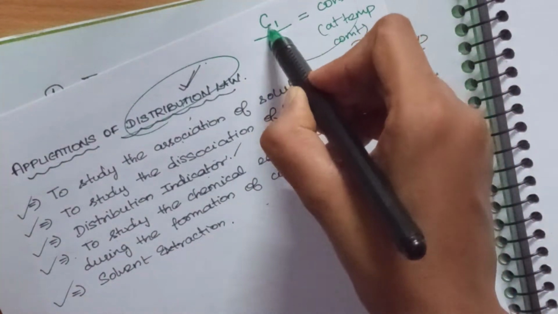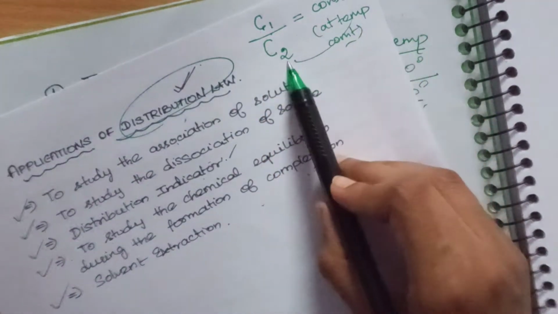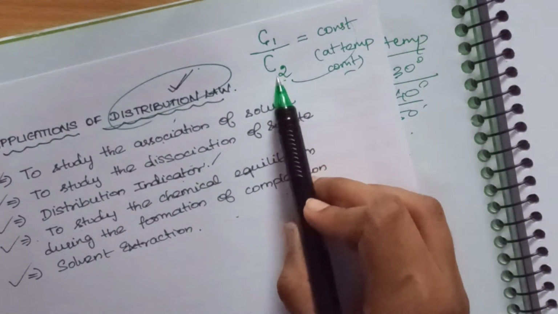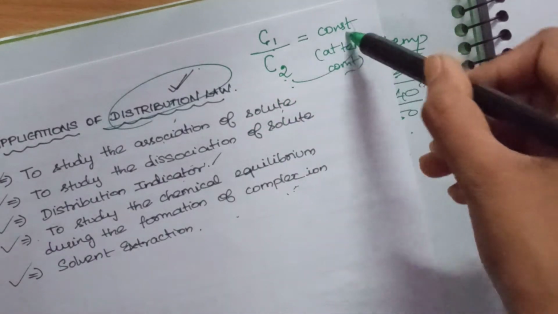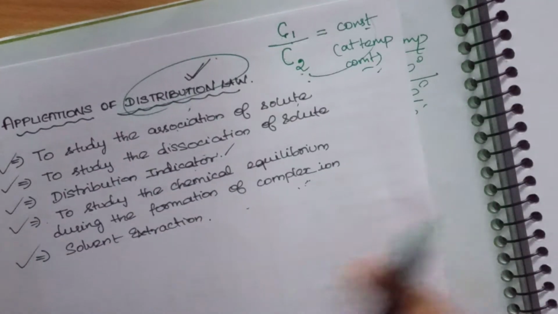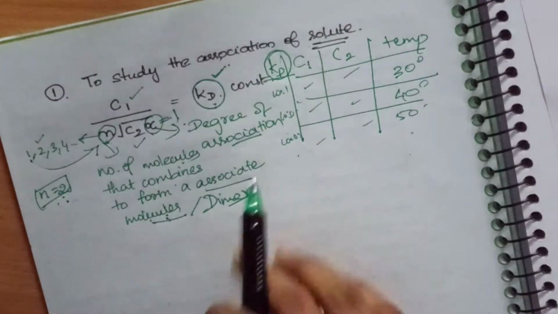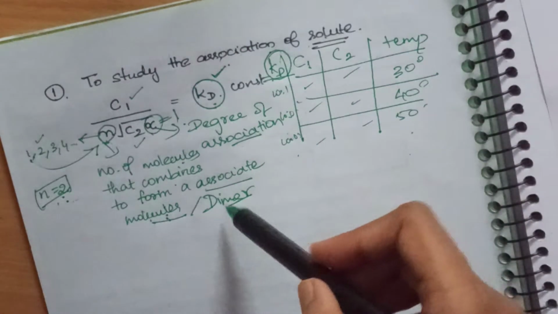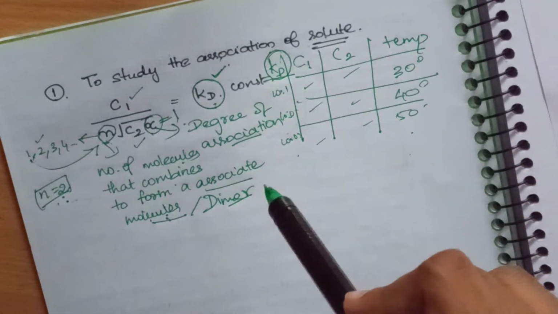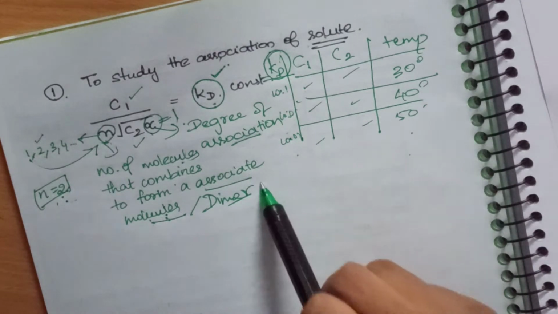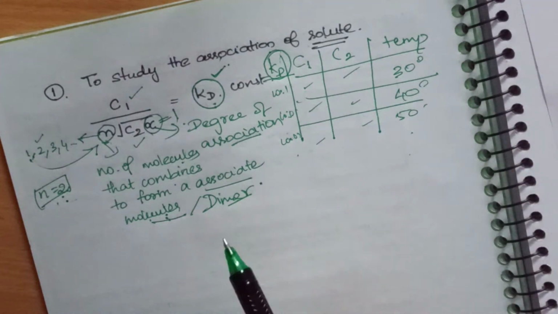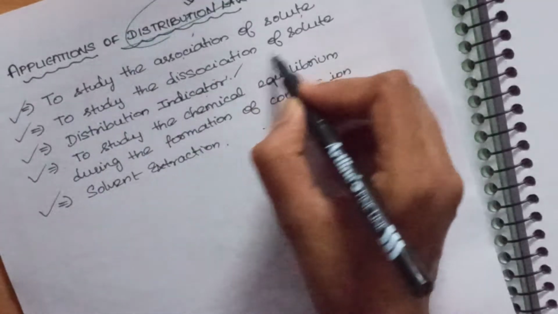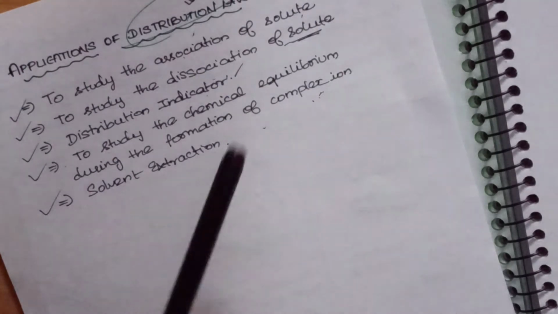The ratio of concentration of solute in one of the solvent to the concentration of solute X in the very next solvent is constant at a constant temperature. In this way I can study how many molecules are involved during association. Clear? By using this law. The second one was to study the dissociation of solute.